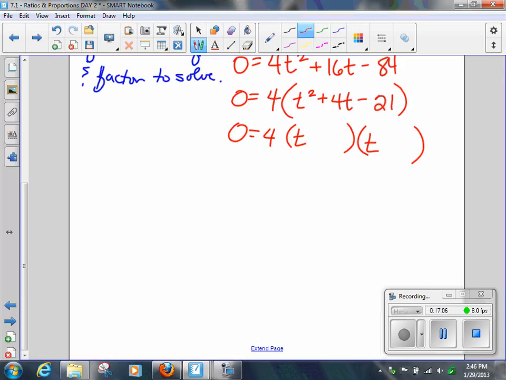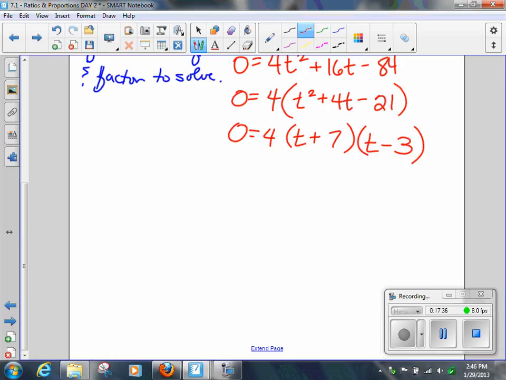I need 2 factors of 21 that when I subtract, they give me 4. 7 and 3, because 1 times 21, 3 times 7, those are the only 2 pairs of factors for 21. Okay, now, why does it have to be positive 7, negative 3, Daniel? Because positive 7 minus 3 is positive 4.